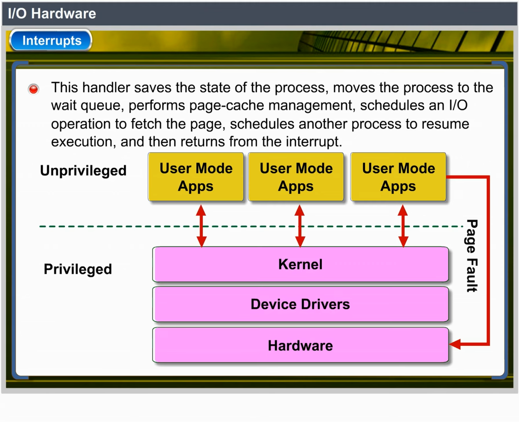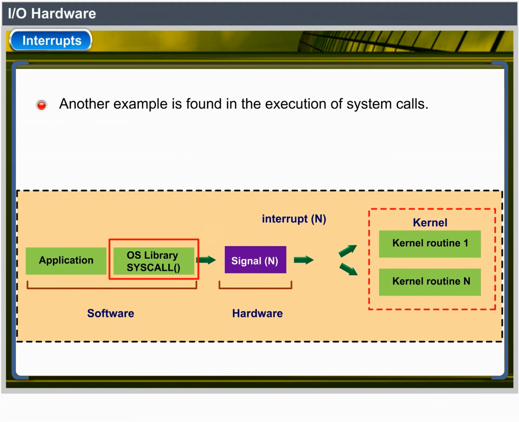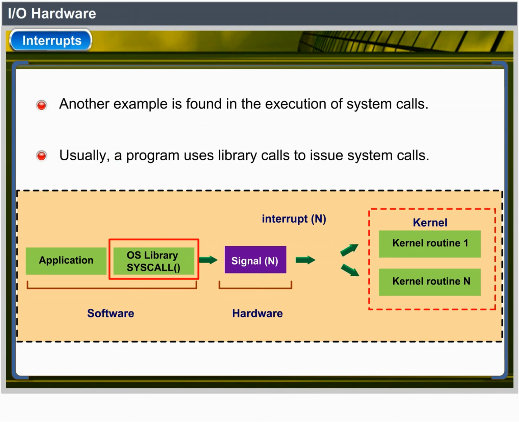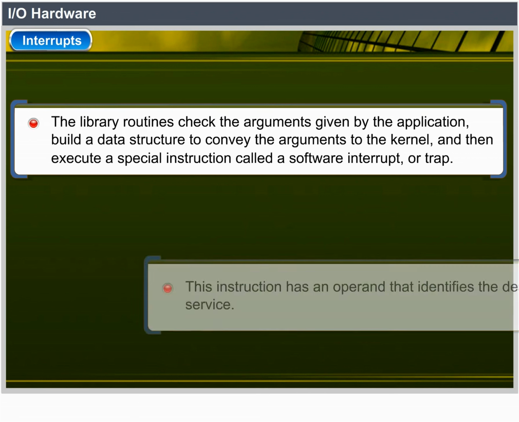Another example is found in the implementation of system calls. Usually, a program uses library calls to issue system calls. The library routines check the arguments given by the application, build a data structure to convey the arguments to the kernel, and then execute a special instruction called a software interrupt or trap. This instruction has an operand that identifies the desired kernel service.